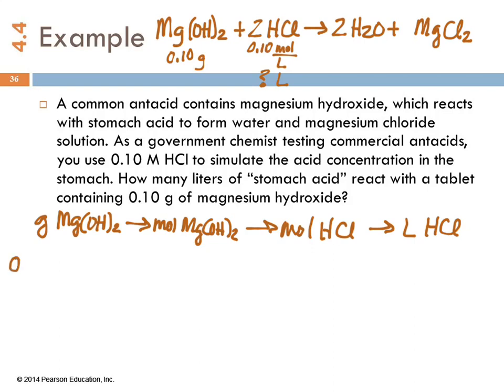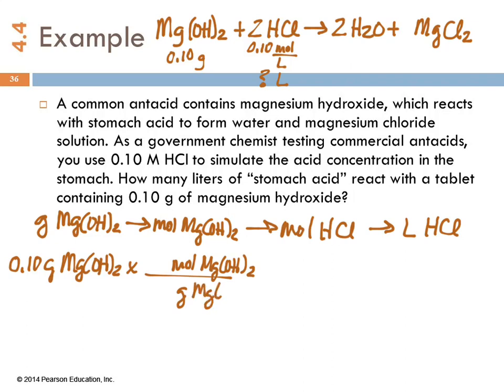Okay, so 0.10 grams magnesium hydroxide. Got moles magnesium hydroxide per gram magnesium hydroxide. Those units cancel out.